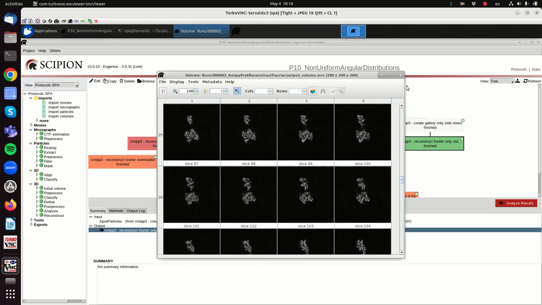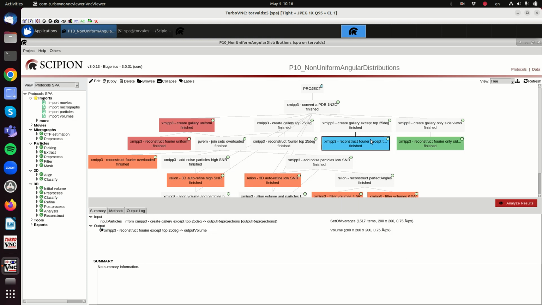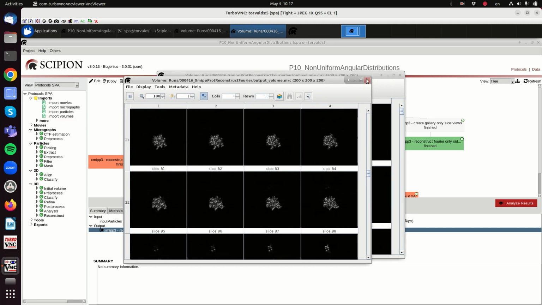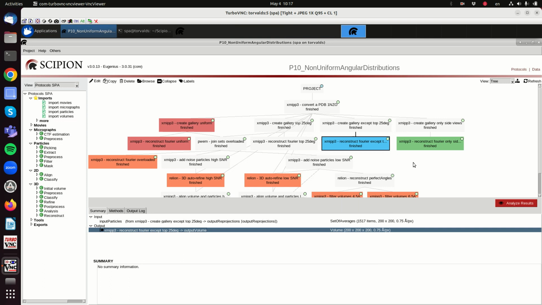The same happens here when we have all kinds of angles except the top 25 degrees. Again, in the reconstruction we don't see any artifact. And again, if you think of what we are doing with the central slice theorem in Fourier space, we are filling the full Fourier space, so we see the full structure.